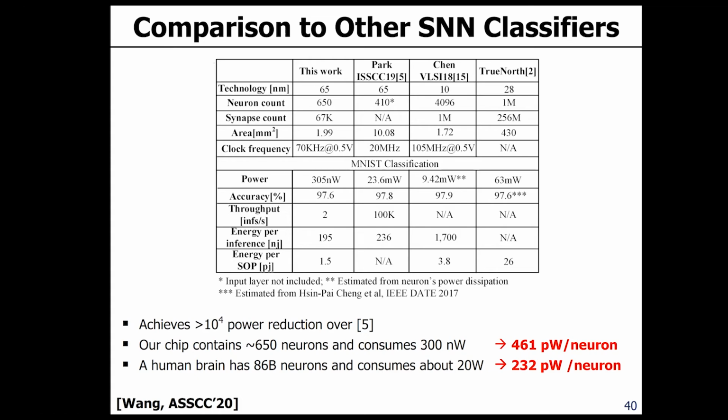Apparently, the caveat is that we have only 650 neurons, whereas the human brain has billions of neurons, and potentially brain neurons have more complicated functionality than ours. So I think the biological neuron still wins over our silicon neuron, but it is exciting to see, though there's a long way to go.